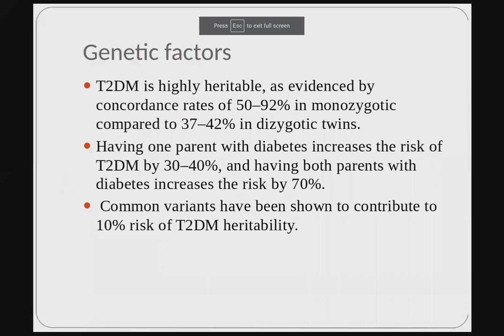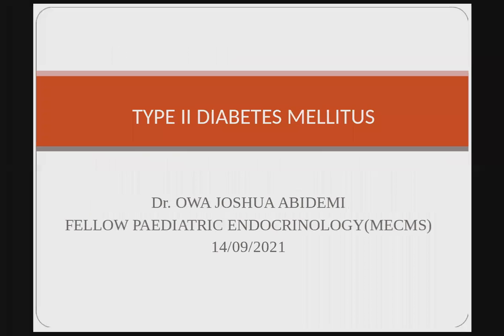So by way of introduction, type 1 diabetes mellitus remains the commonest form of diabetes in children worldwide. But the incidence of type 2 diabetes mellitus is rising in parallel with the epidemic of pediatric overweight and obesity.